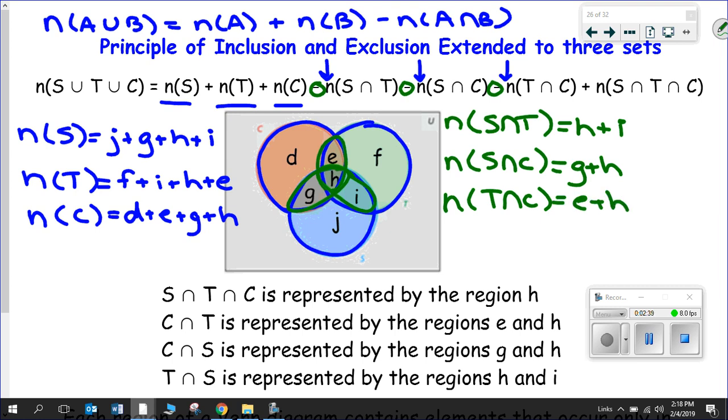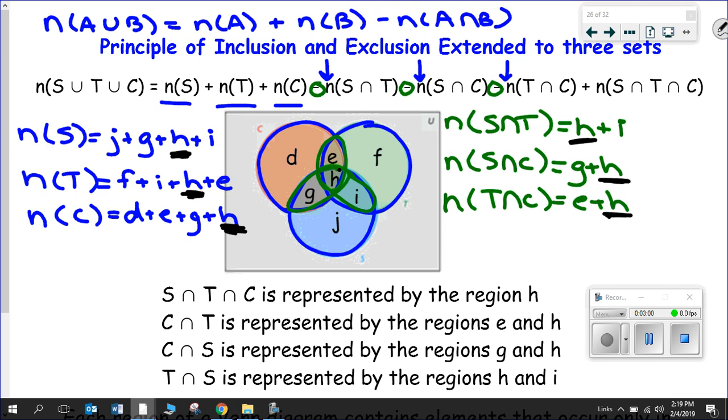Now, something should be kind of glaring at us, is that we did add these H's over here with the number in S and T and C. We then subtracted out the H's over here in our three intersections. Ultimately, we added H 3 times and subtracted off H 3 times.